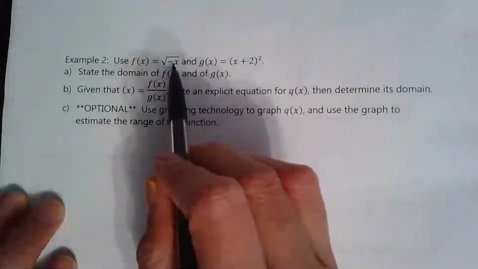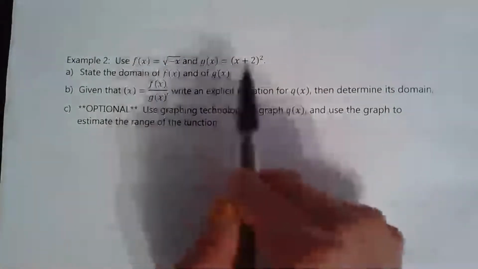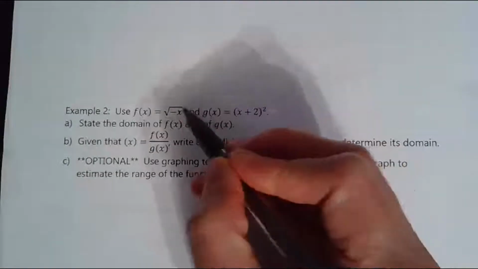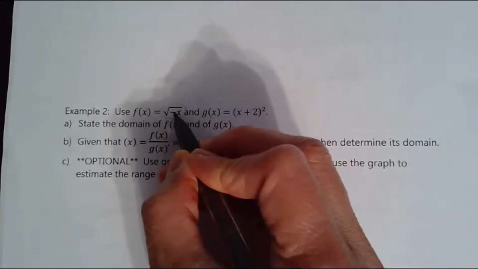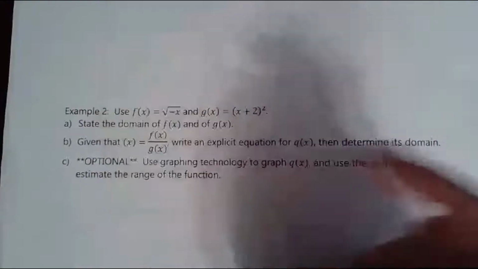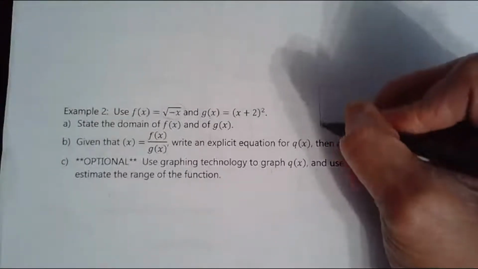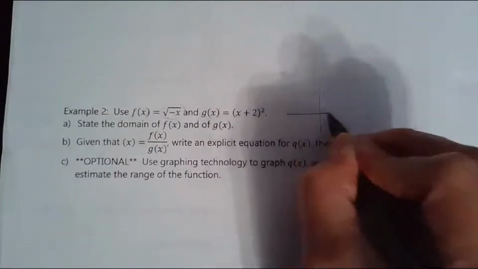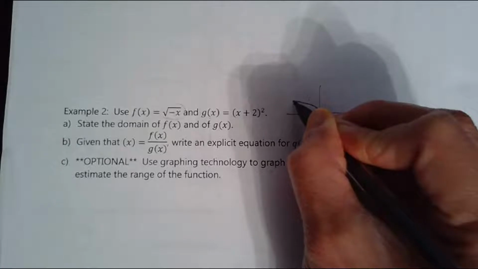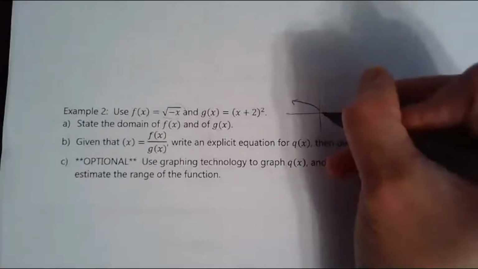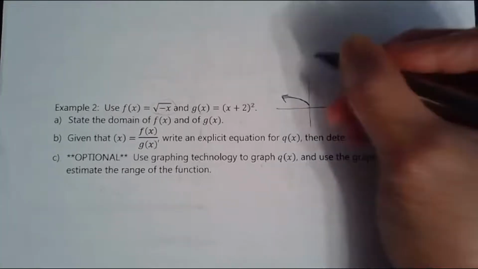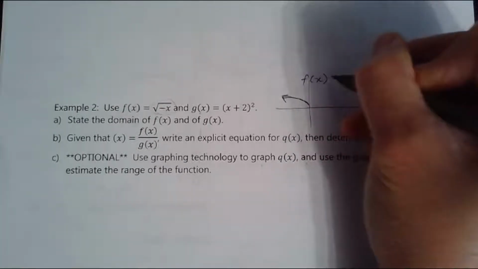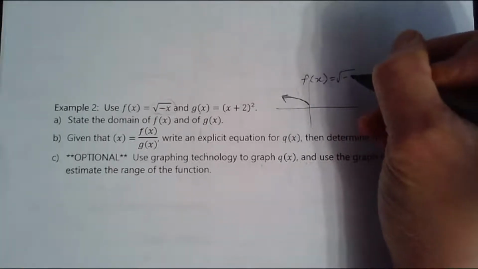If we think about how we learned last time, this one is a radical function, but because the b value is negative, it's going to be reflected in the y-axis. So it's kind of looking like this, right? Just a sketch of what that looks like. That's f of x equals the square root of negative x.